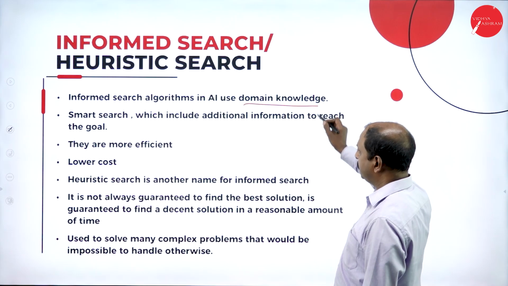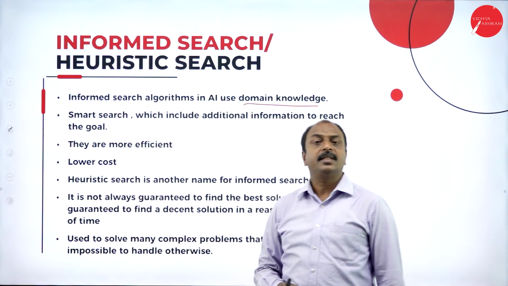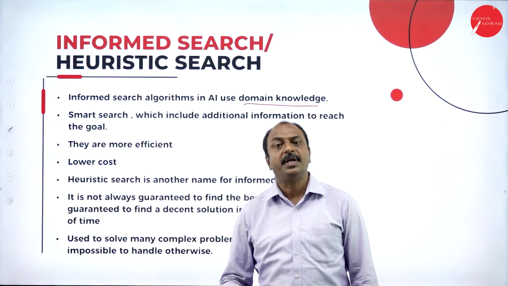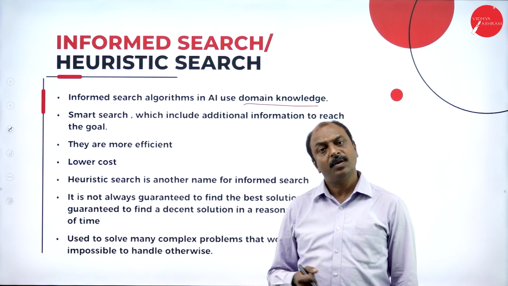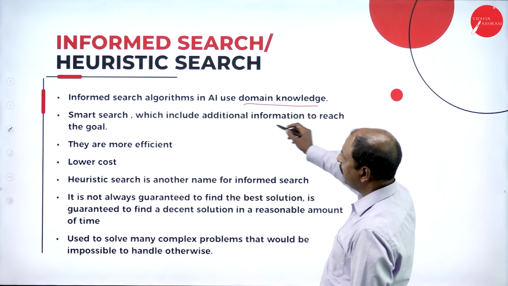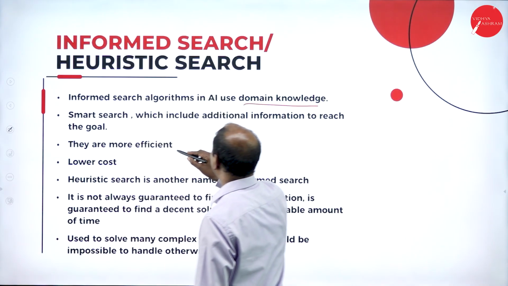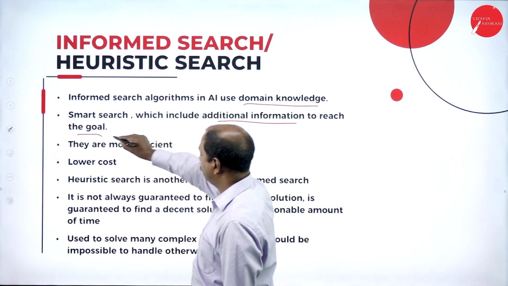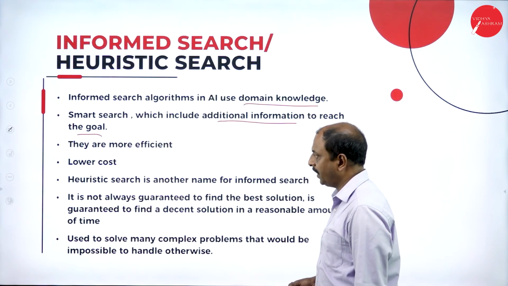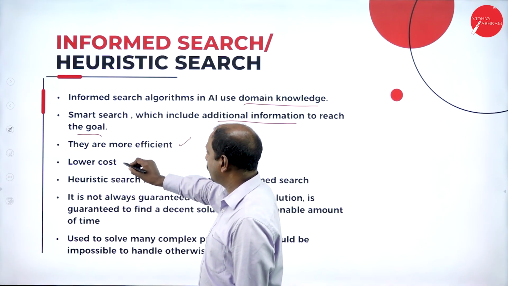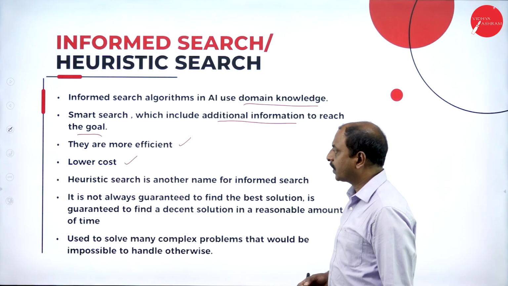Domain knowledge, in the sense, means it will have the location and the goal and additional information which may be required during the algorithm or during the searching operation. So it is a smart search which includes additional information to reach the goal. That's what I told you in the beginning. Now they are more efficient and with lower cost.